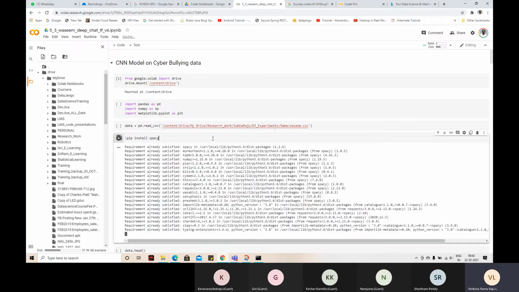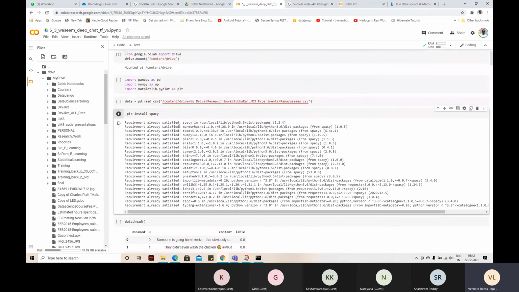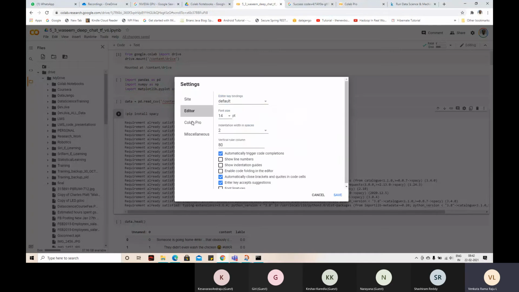It is installing spaCy. So whatever modules you want, you can install and use. Google Colab is very convenient, I would say. And then if you want, you can go with Pro and play with it.